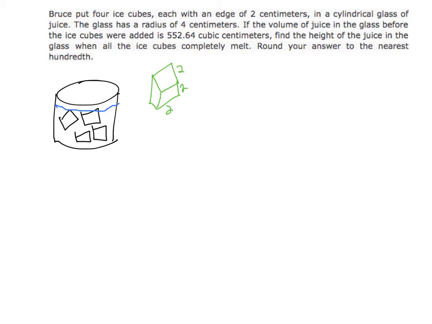To find the volume of that, you do 2 times 2 times 2, which is 8. But we have 4 ice cubes, so we will do 8 times 4 to get 32. So the volume of just the ice cubes is 32. We are going to add that to the existing volume that we have.